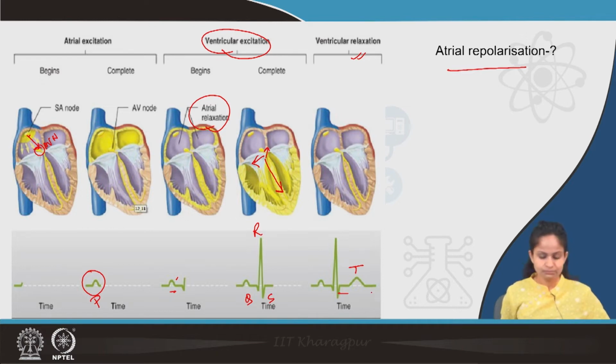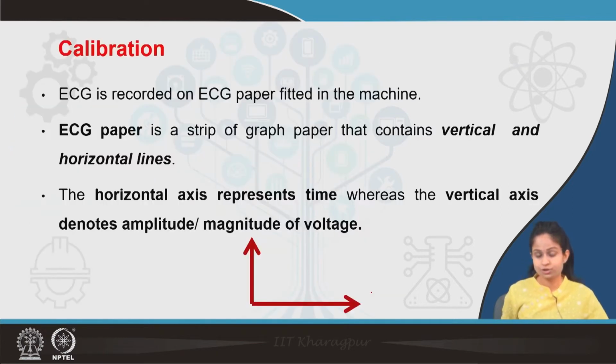So, now we will move on to the calibration of ECG. The electrocardiogram is the recording, the electrocardiograph is the machine, and the process is known as electrocardiography. ECG paper is a strip of thermosensitive paper, and it contains vertical as well as horizontal lines.